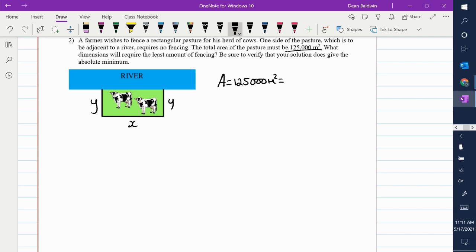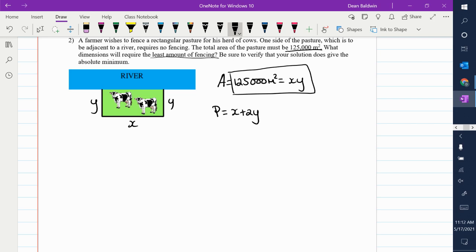It's going to be the same, x times y, right? And then what dimensions will require the least amount of fencing, i.e. the smallest perimeter to get that area? So what's the perimeter formula? X plus 2y.